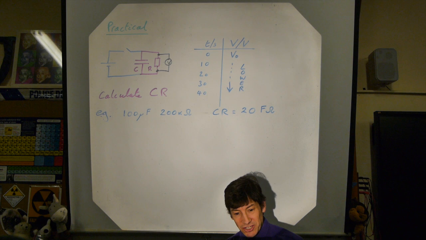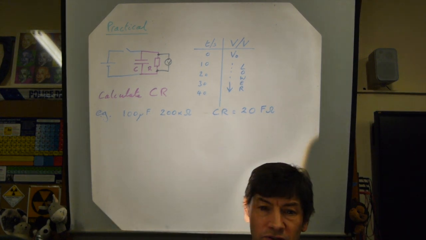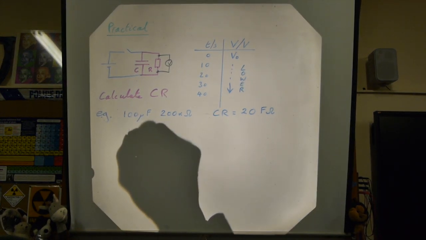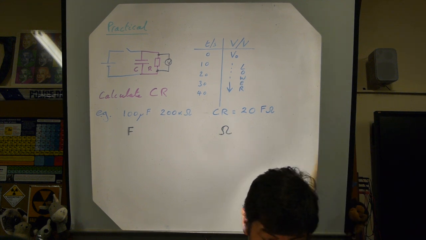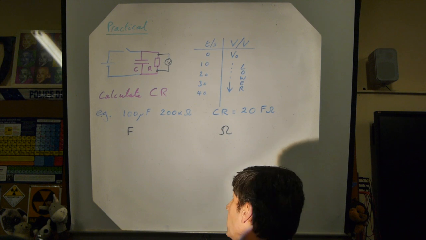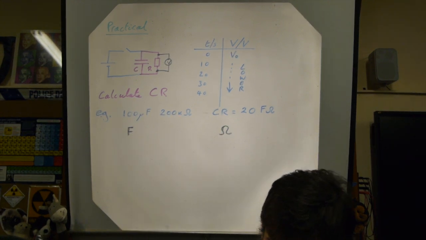Right, I've got a bit of a challenge now. I've got to show you what a farad ohm is. So we're going to do sort of dimensional analysis. On this side of the page, I'll do the farad, and on this side, I'll do the ohm. How do we work out what is embedded in the units of the farad? Well, go hunting for an equation.